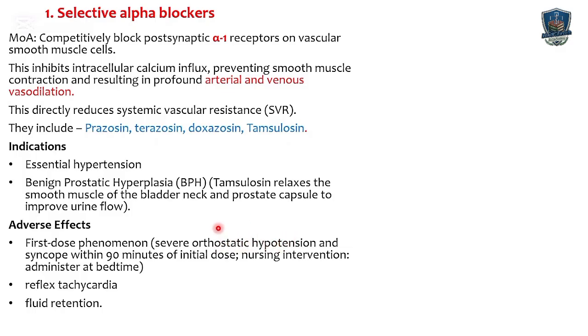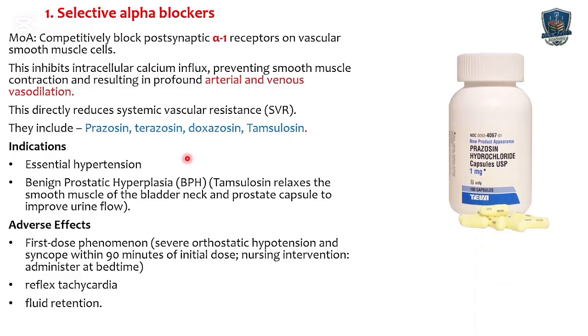So go and check on how this occurs and how we manage orthostatic hypotension. So for selective alpha blockers, don't forget the adverse effects, the indications, and examples of the drugs that are being used. As you can see in the diagram here, we have prazosin hydrochloride, an example of a drug that acts as a selective alpha blocker.